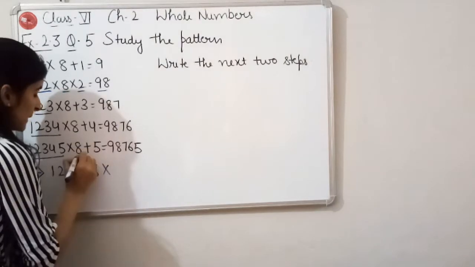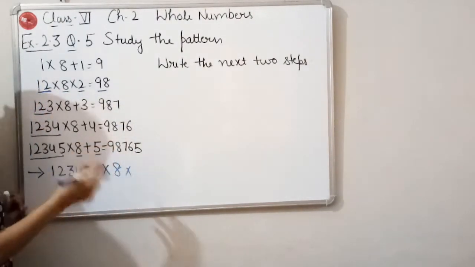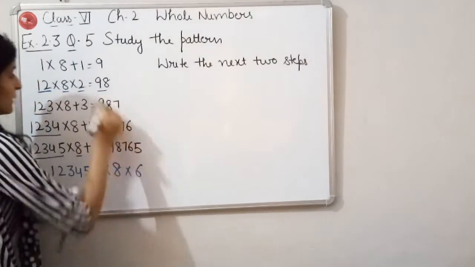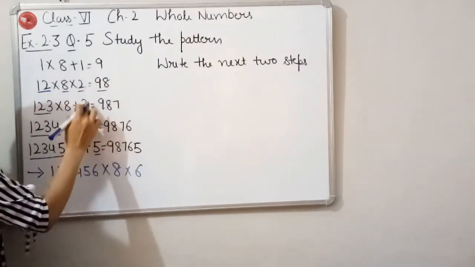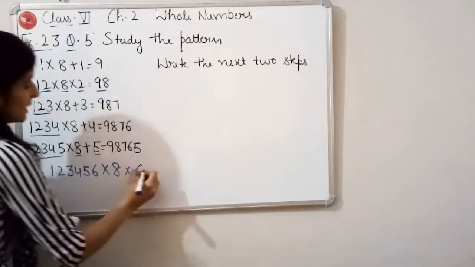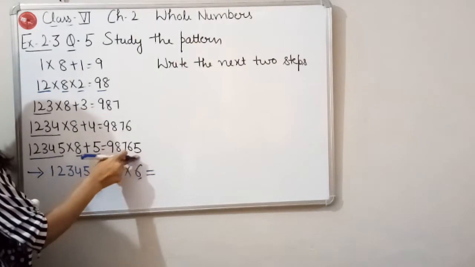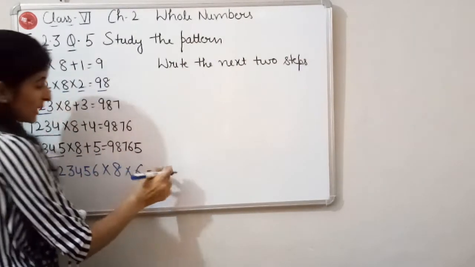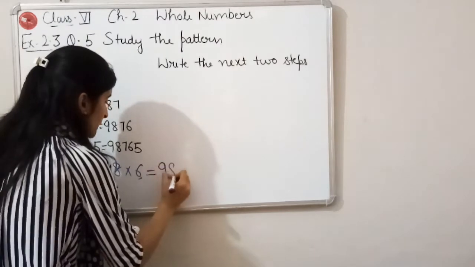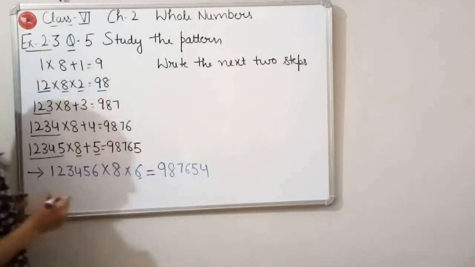Multiplied by 8, which will remain same, and in place of 5 there will come 6, because we are writing the counting 1 2 3 4 5, so that in next step there will be 6. Now it is equal to the reverse counting. Here it has come till 5, so here it will come till 4. 9 8 7 6 5 and then 4.